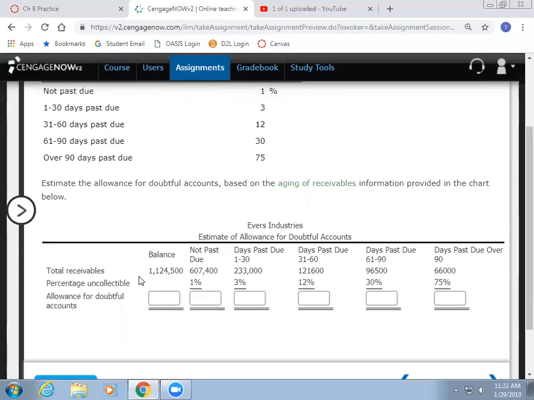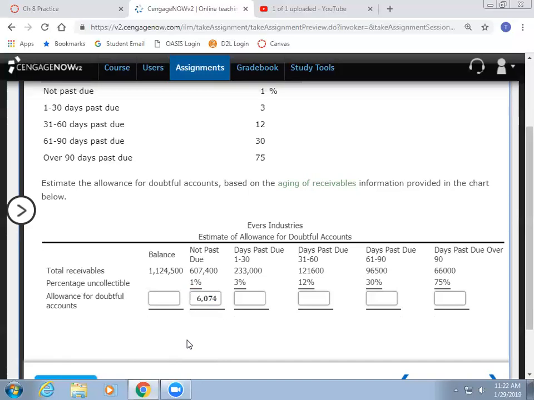So I'm going to take my 607,400 times 1% to estimate the amount that I think might be uncollectible out of current bills. What's 1% of 607,400? $6,074. Perfect. Then I just move to the next category.